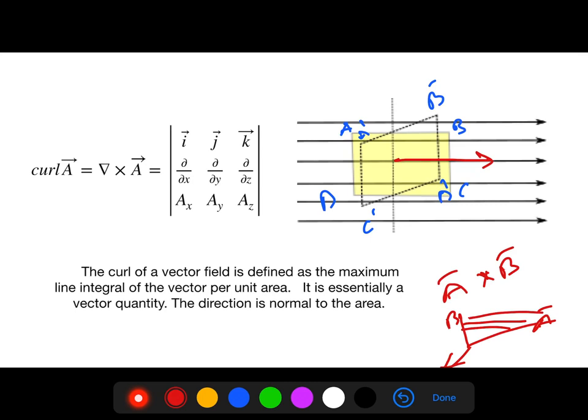Earlier we discussed vector fields and scalar fields. In a scalar field, the quantity that varies around a region is a scalar quantity. Here, the quantity that varies around the region is a vector quantity. So in a vector field we will have a vector quantity.